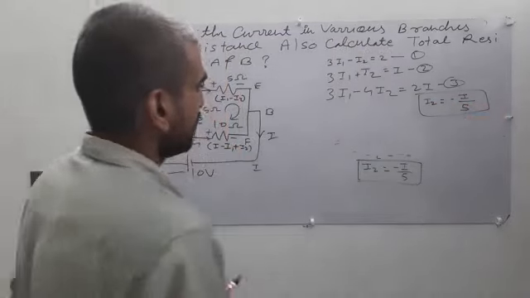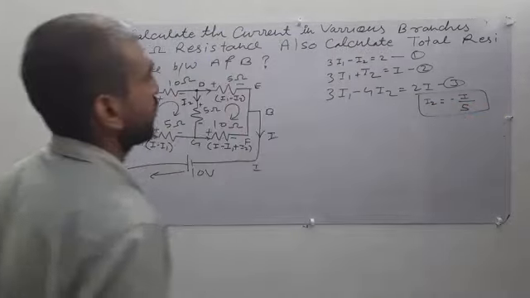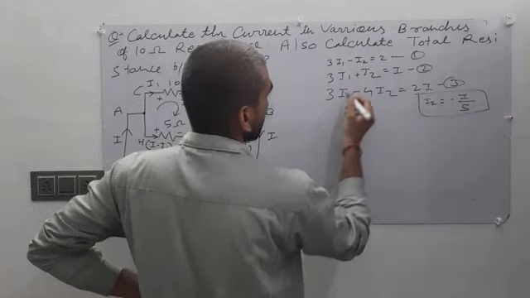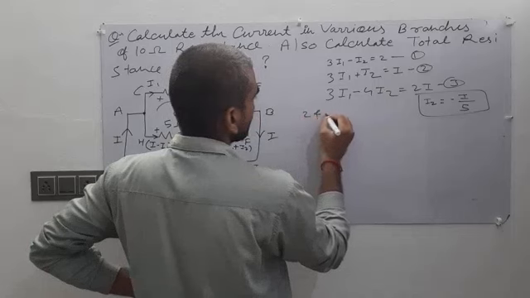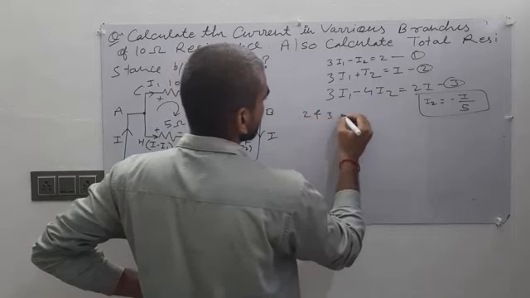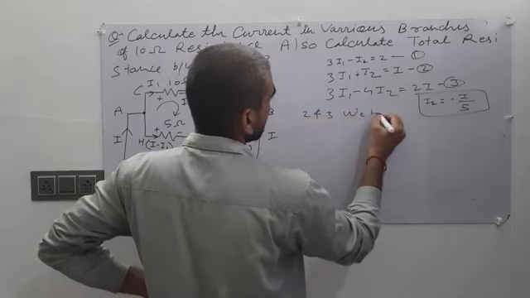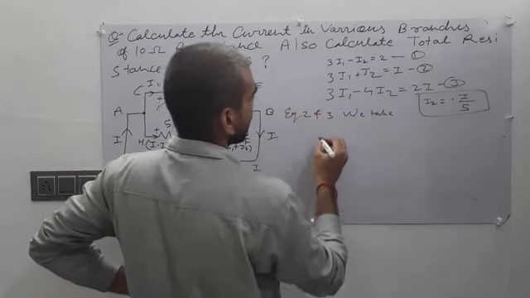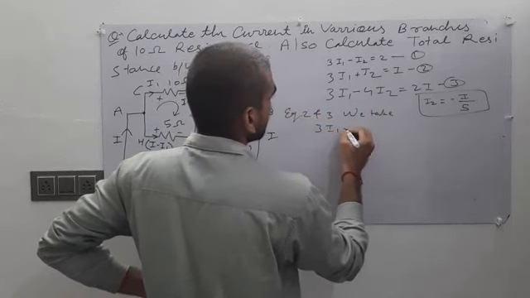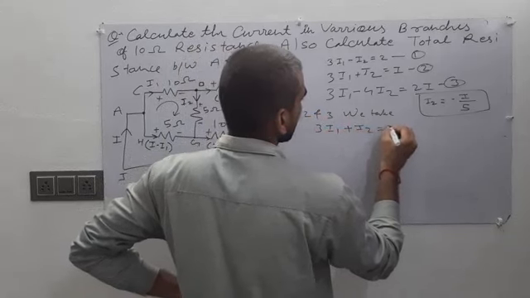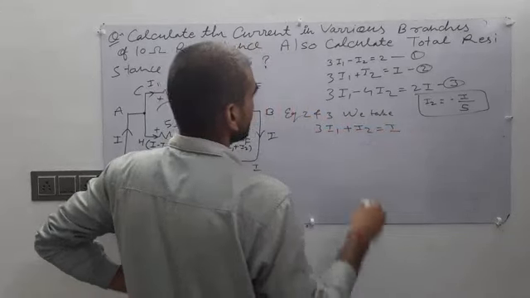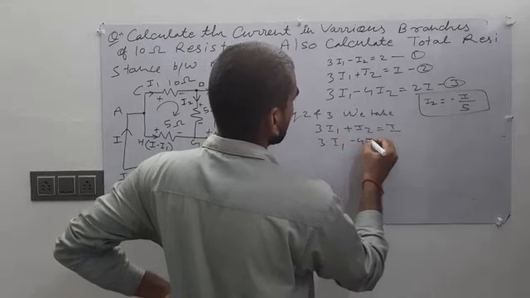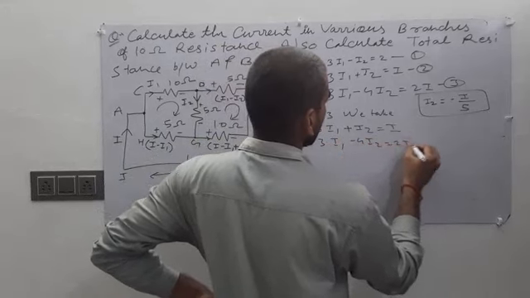Now we have to find the I1 value. Again take equations 2 and 3. 3 I1 plus I2 equals I, and 3 I1 minus 4 I2 equals 2I.